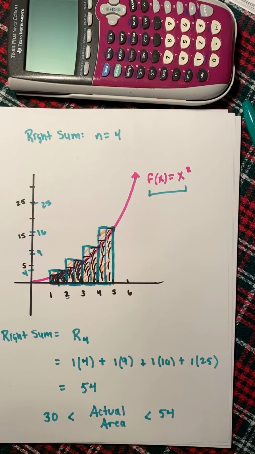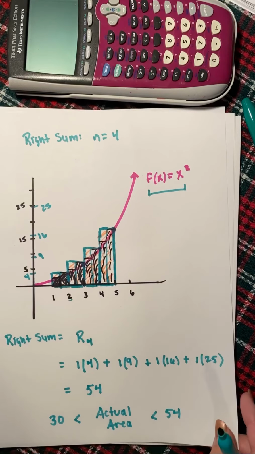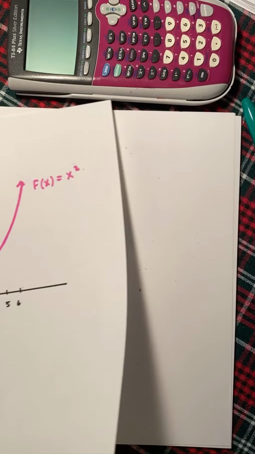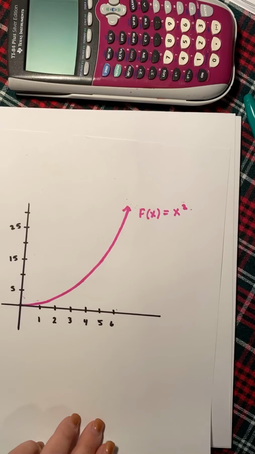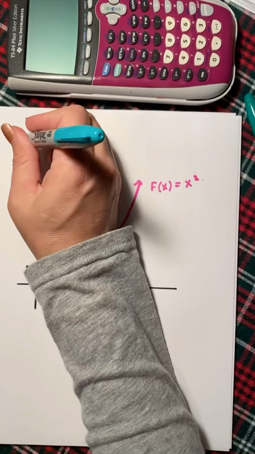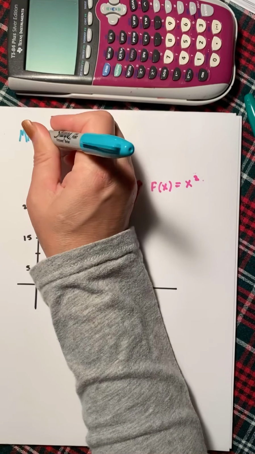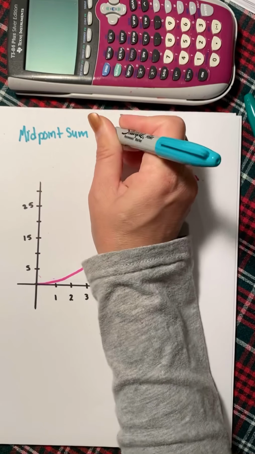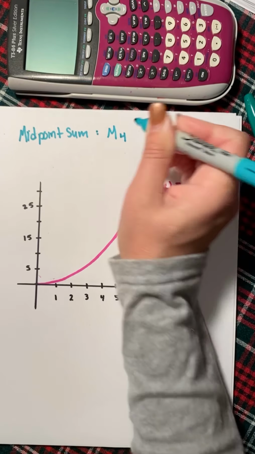So the more rectangles you use, the more accurate the estimate of the area under your curve is going to be. Now I had also mentioned midpoints. So a midpoint sum is, we're going to use M4.